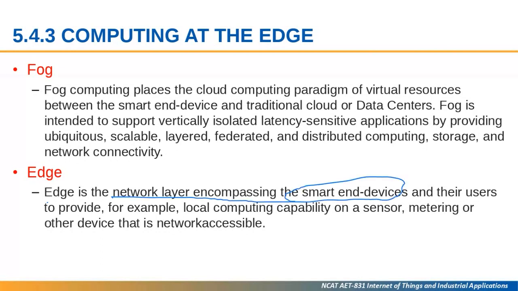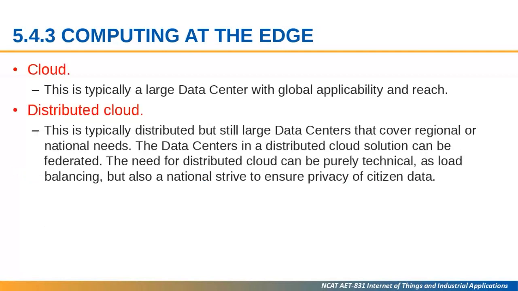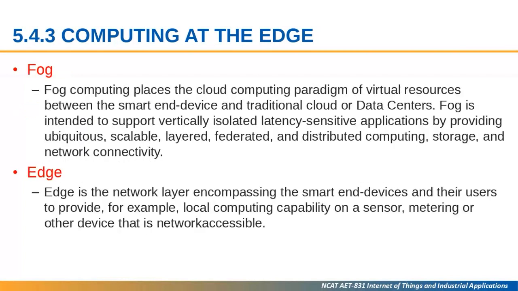For example, your iPad, your computer, that's the edge. And anywhere between the cloud and the edge is what we call fog. Fog computing places the cloud computing paradigm of virtual resources between the smart end devices, which is the edge, and the traditional cloud or data center, which is the cloud.